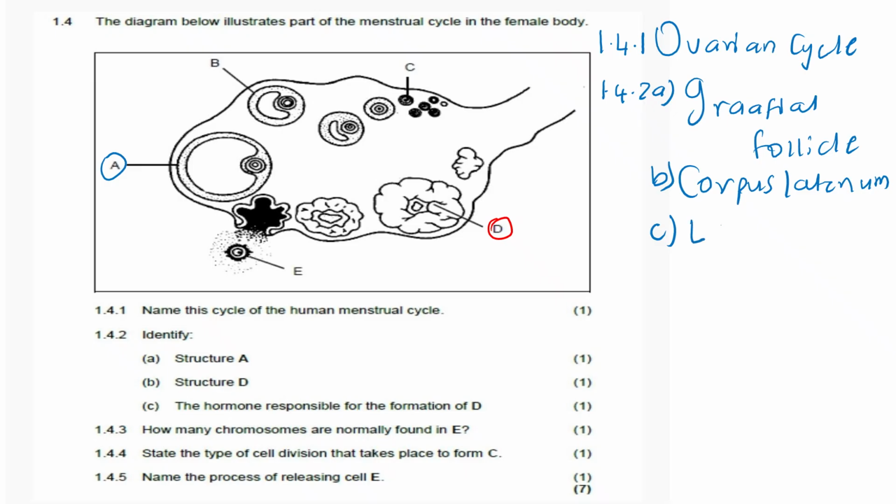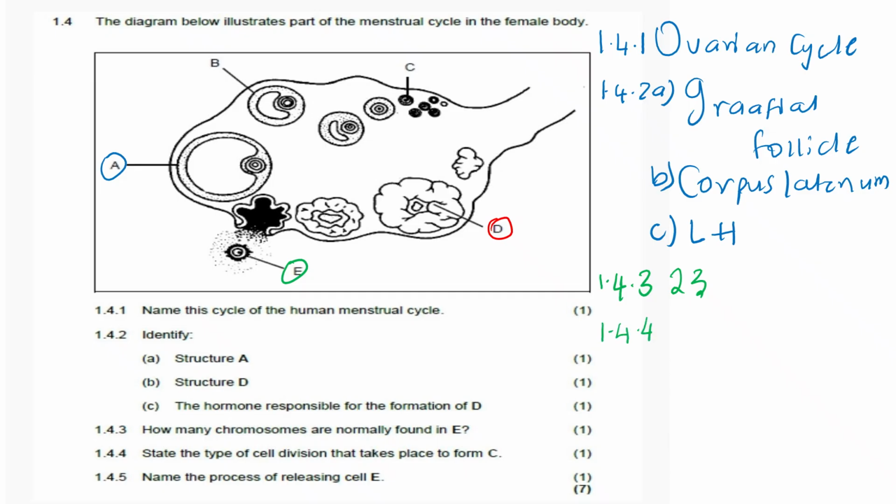LH, right? LH. Now 1.4.3. How many chromosomes are normally found in E? This is E. How many chromosomes are normally found in E? So in E we normally find 23 chromosomes. Right. Now 1.4.4.